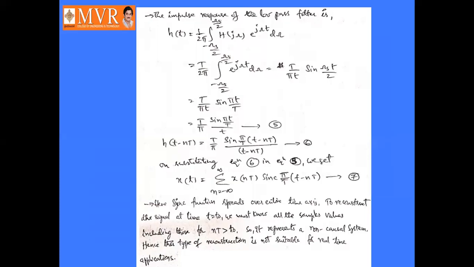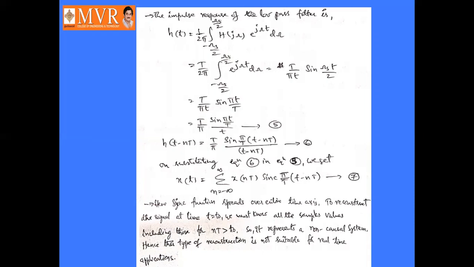So it will become, H(jω) is T, so that T by 2π into integral minus ωs by 2 to plus ωs by 2 into e^{jωt} dω, which is nothing but T by πt into sin(ωs t by 2), or it will become T by πt into sin(πt by T), or T by π into sin(πt by T) by t, which is equation number 5, or h(t minus nT) is equal to T by π into sin(π by T into (t minus nT)) by (t minus nT). That is equation number 6.